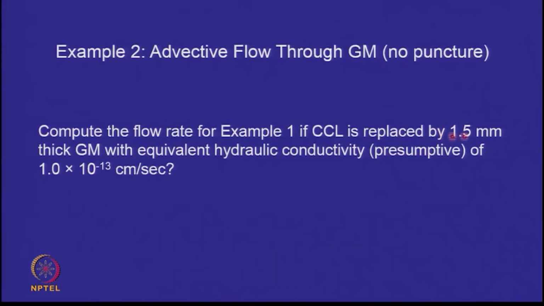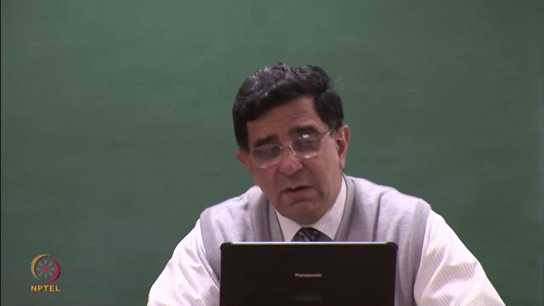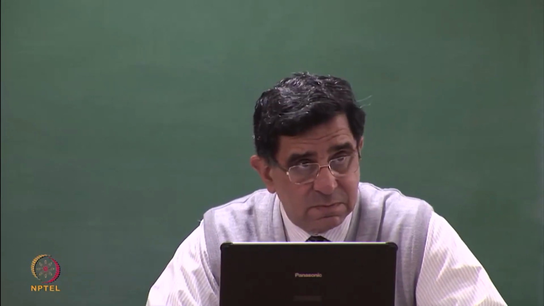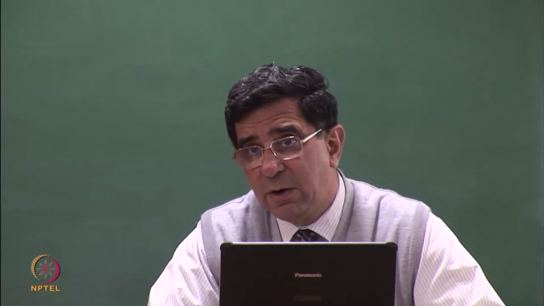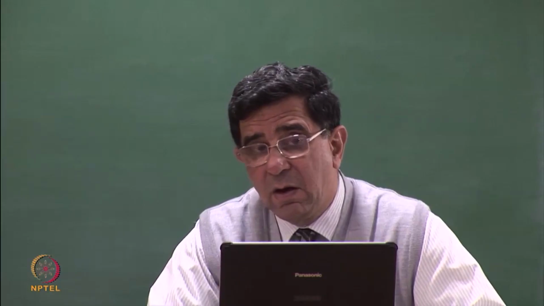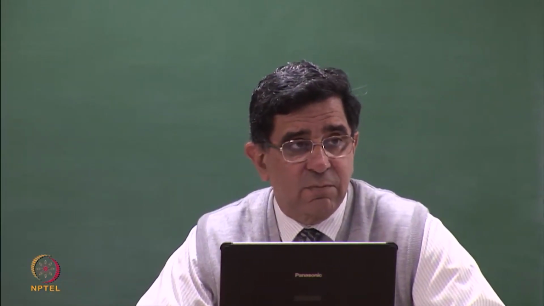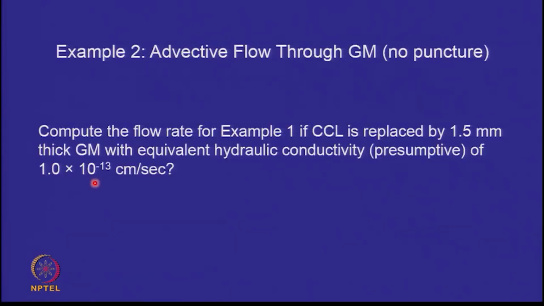Same formula, but now the thickness, instead of being 90 centimeters, has become 1.5 millimeter. So if I just take a 1.5 millimeter geomembrane and put some water on it, which has a leachate head of 0.3 meters, and an equivalent presumptive hydraulic conductivity of 10 to the power of minus 13, what kind of Q will come out?